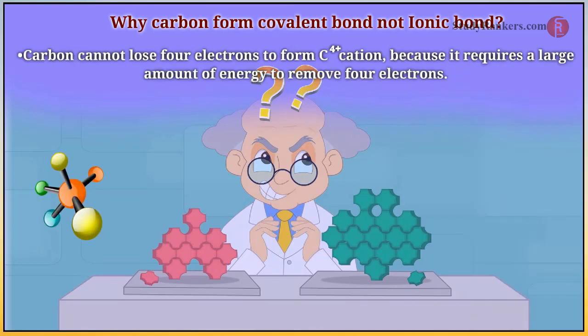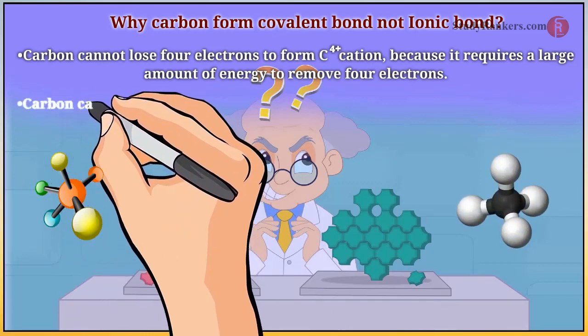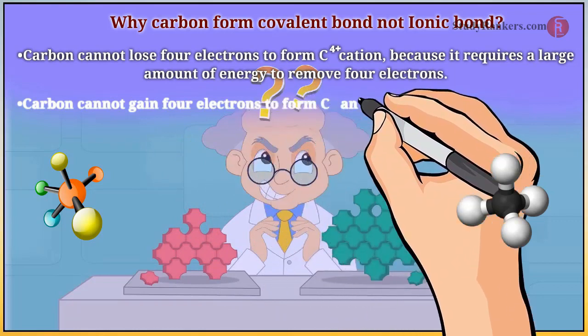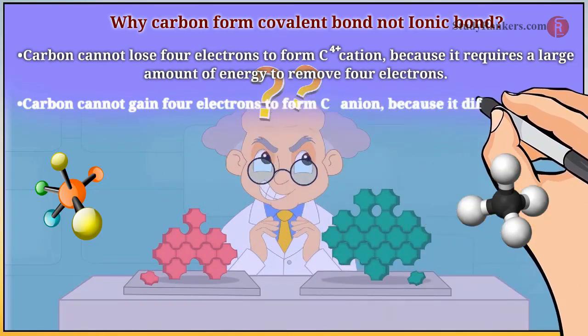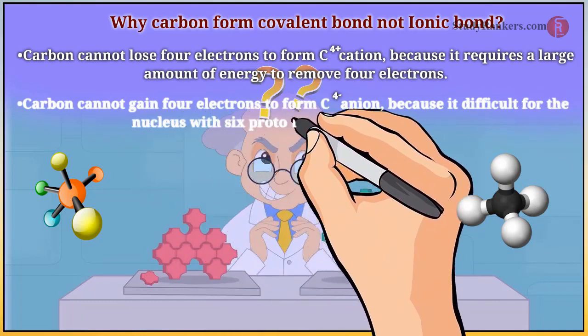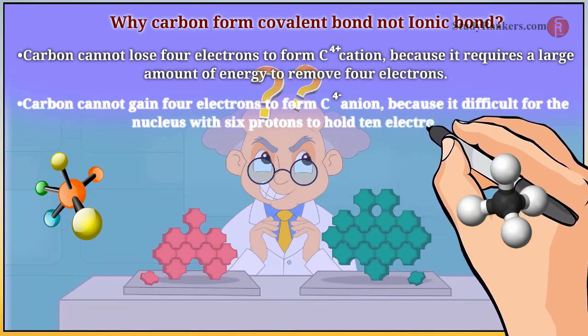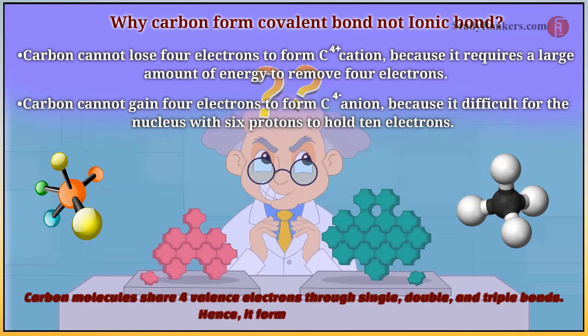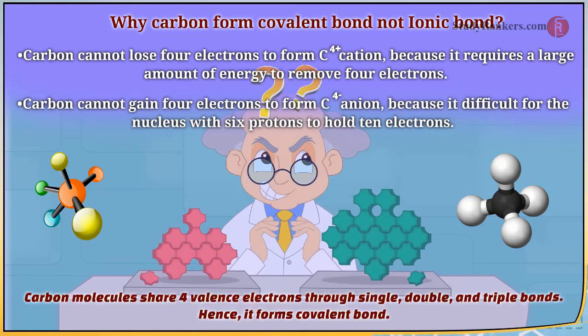C4+ formation would be difficult because it would require a large amount of energy to remove 4 electrons, leaving behind a carbon cation with 6 protons in its nucleus holding onto just 2 electrons. Considering C4-, it would be difficult for the nucleus with 6 protons to hold on to 10 electrons. Thus, carbon cannot form ionic compounds. Carbon can form covalent bonds.